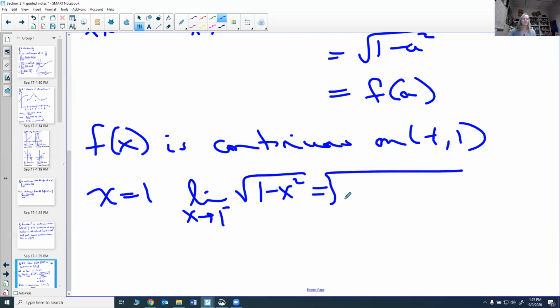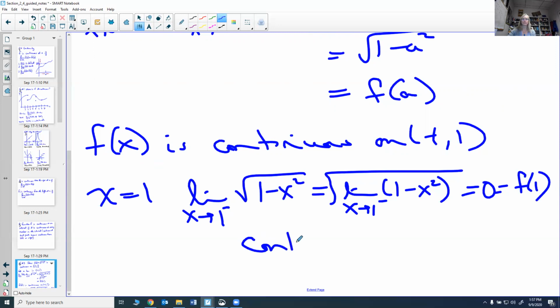Again, using our limit laws, this would be the limit as x goes to 1 from the left of 1 minus x squared, then square root of that limit. Direct substitution I can now use. I get 1 minus 1 squared, which is 0. Square root of 0 is 0. And f of 1 is 0. So that means we are continuous from the left at x equals 1.